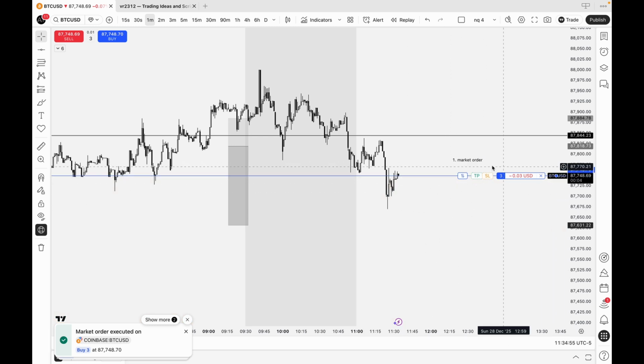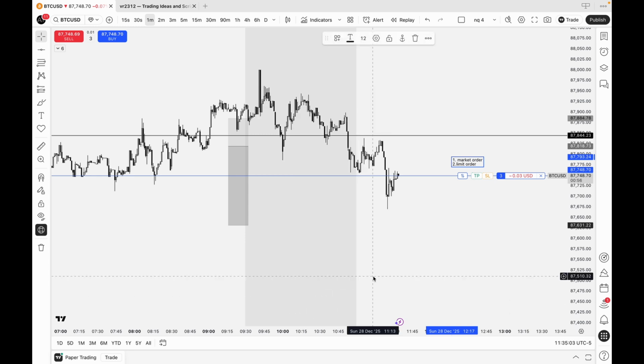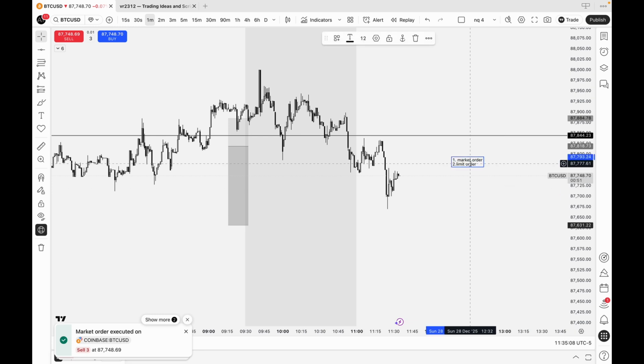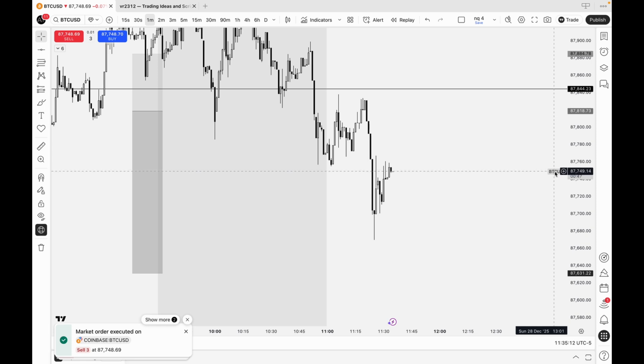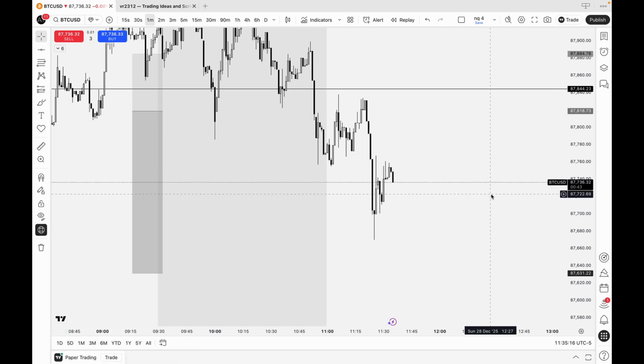The next type of order is a limit order. A limit order is when you want to enter the market at a better price than what's currently offered in the market. So for example, right now the price of Bitcoin is 736.